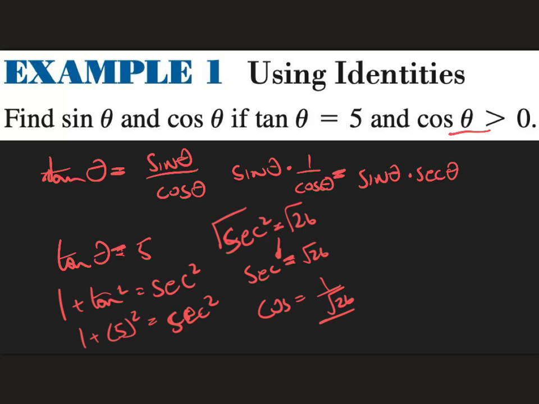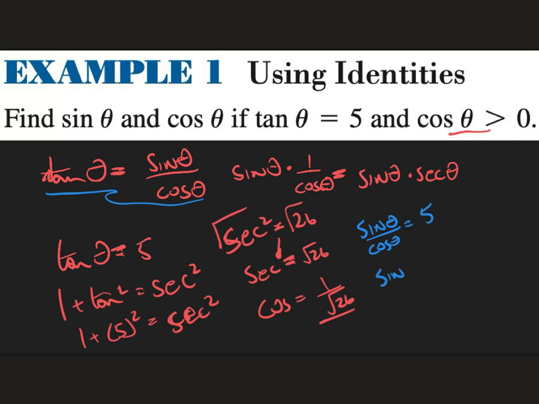And then from our original equation, sine theta over cosine theta equals 5.